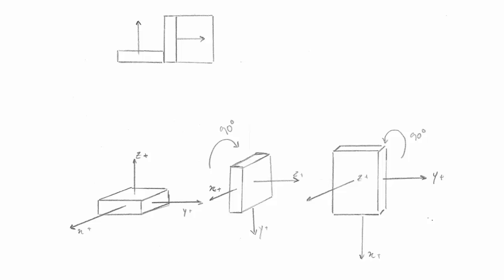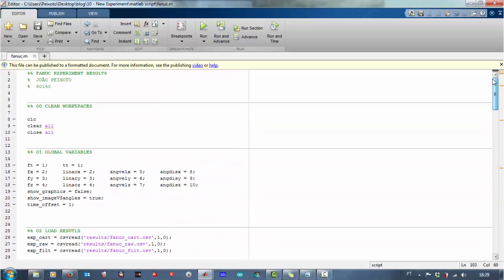So I will show you now my MATLAB results. This is the script that I used in the last video, the MATLAB script. This time around I changed this true to false in order for me to not see again all the graphics that I've shown you before. So when I click run, there will be 4 subplots. The first one will show succeeding frames that the camera has recorded during the experiment.